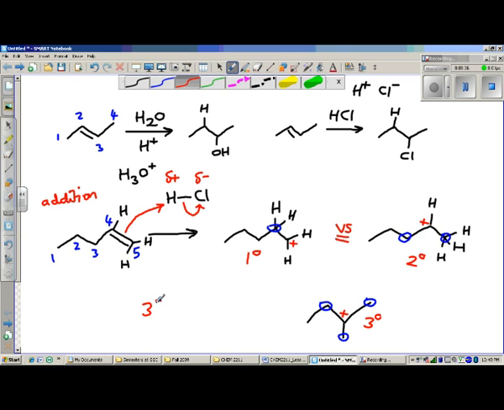So the idea of carbocation stability is tertiary, more stable than secondary, more stable than primary. Now, there are some others as well, and we'll talk about those later on, but primarily, at least to begin with, this is our basic idea about carbocation stability.